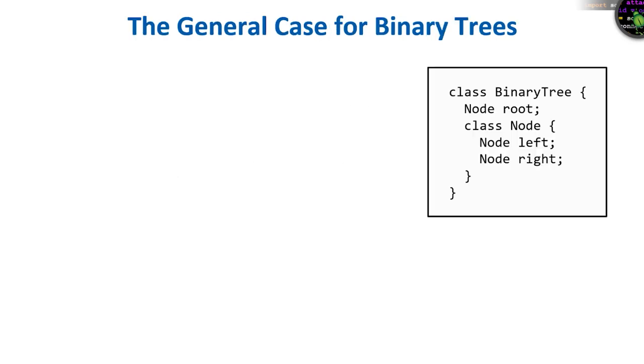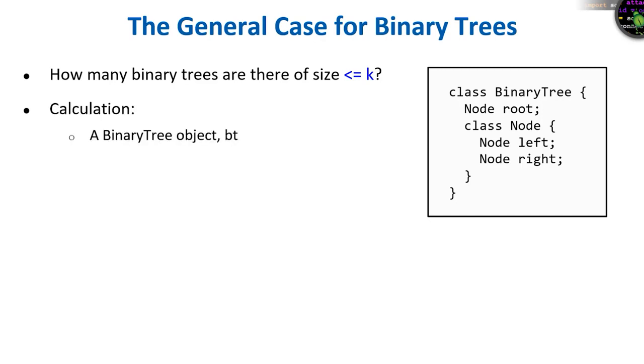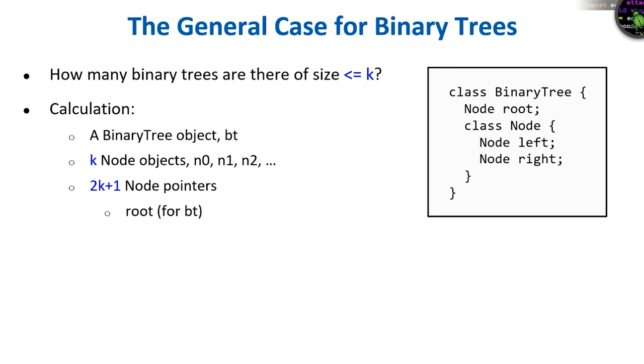Let's generalize the setting in the quiz from binary trees using up to 3 nodes to binary trees using up to k nodes. Let's calculate how many binary trees we can make using up to k nodes. We have a single binary tree object and k node objects, which we will call n0, n1, n2, etc. There are 2k plus 1 node pointers to assign values to: the root field of the binary tree object and the left and right field of each of the k node objects.